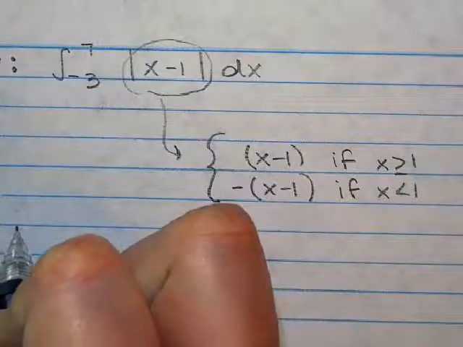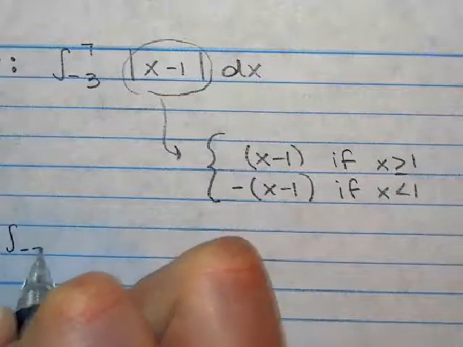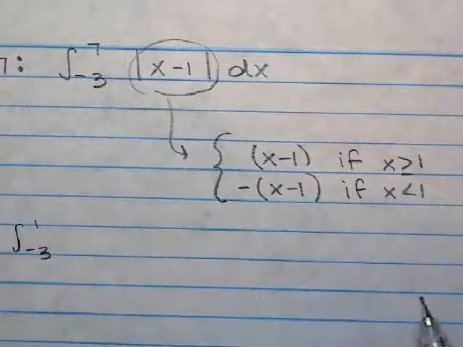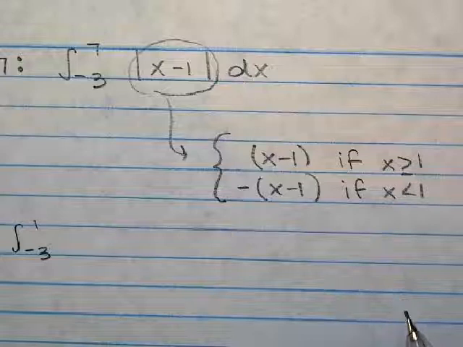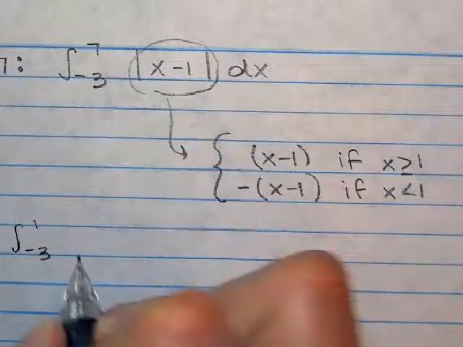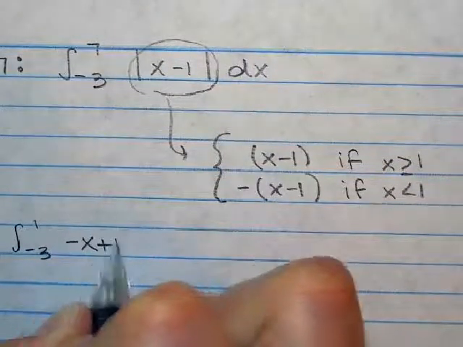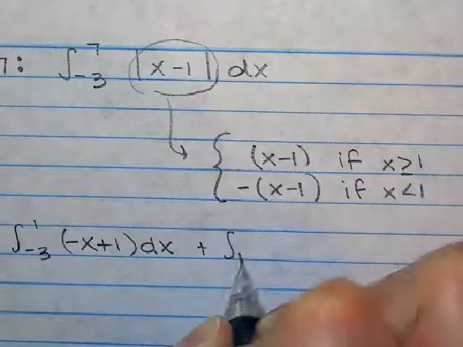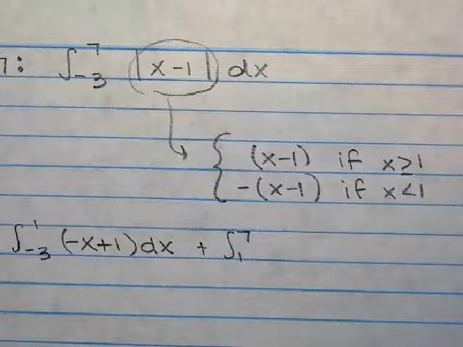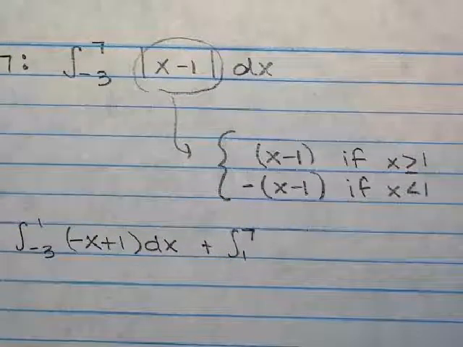So for the interval from -3 to 1, what's the function that I'm working with? -x plus 1 dx, okay? And then the other interval is from 1 to 7, and what's the function that I'm working with there?